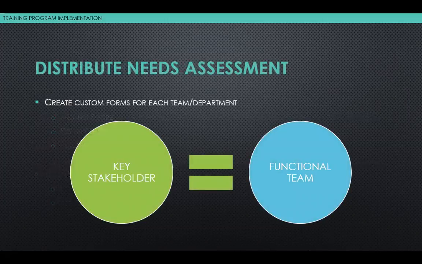So let's start with distributing the needs assessment. In the pre-work stage, you should have identified key stakeholders, and those key stakeholders are those that stand to benefit from the outcome of the project or product. You will use the key stakeholders list as your target group to complete the needs assessment document.